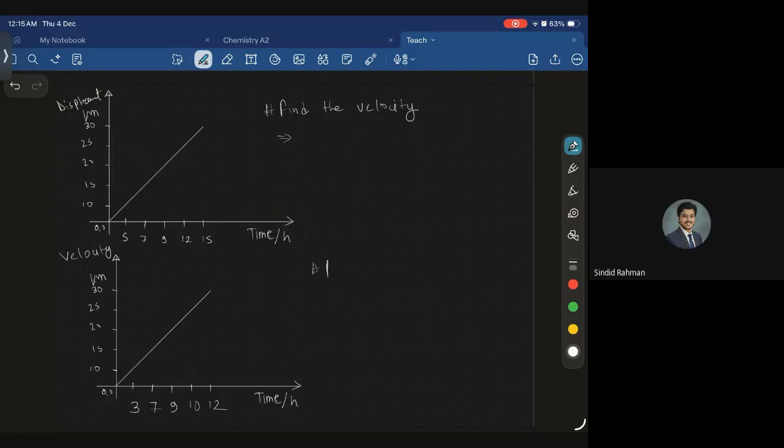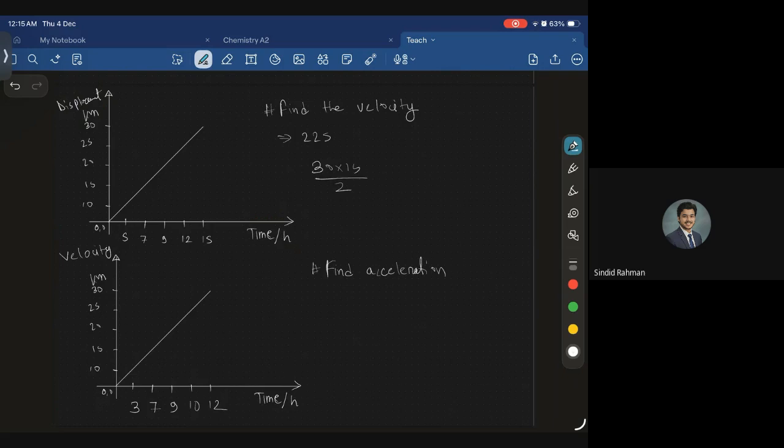Would it be 225? 39.5. 225 for the first one. So that is the velocity, right? What did you do? I did 15 times 30 divided by 2. You did 30 times 15 divided by 2.